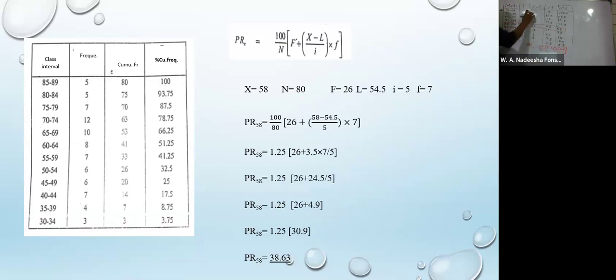N is 40. Capital F is the cumulative frequency of the class which is below the selected class. This is the selected class. So the below class is this one.